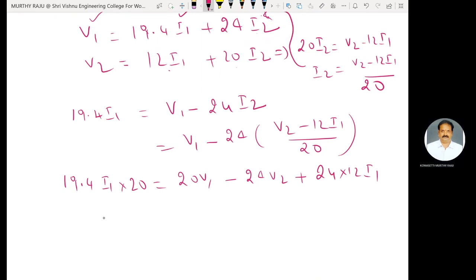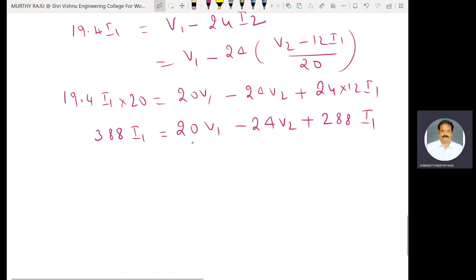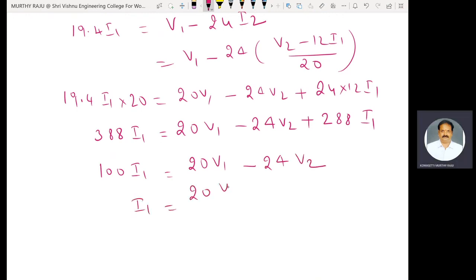This one is 388 I1 is equal to 20 V1 minus 24 V2 plus 288 I1. 388 I1 minus 288 I1 is equal to 100 I1 is equal to 20 V1 minus 24 V2. Finally, I1 is equal to 20 V1 by 100 minus 24 by 100 into V2.